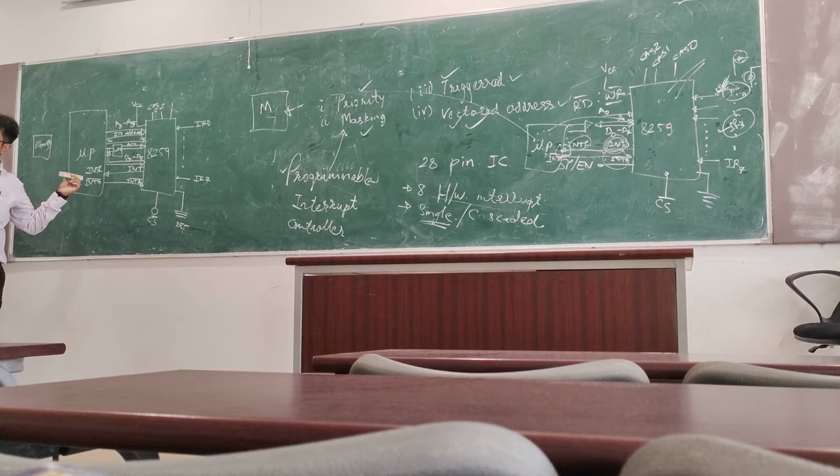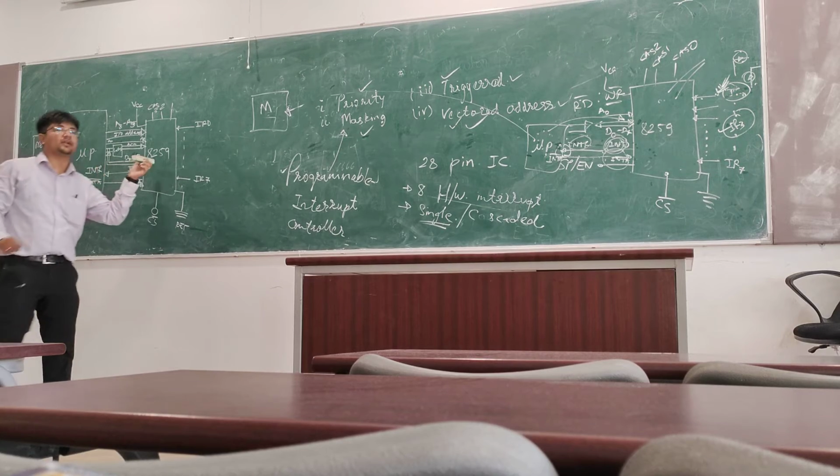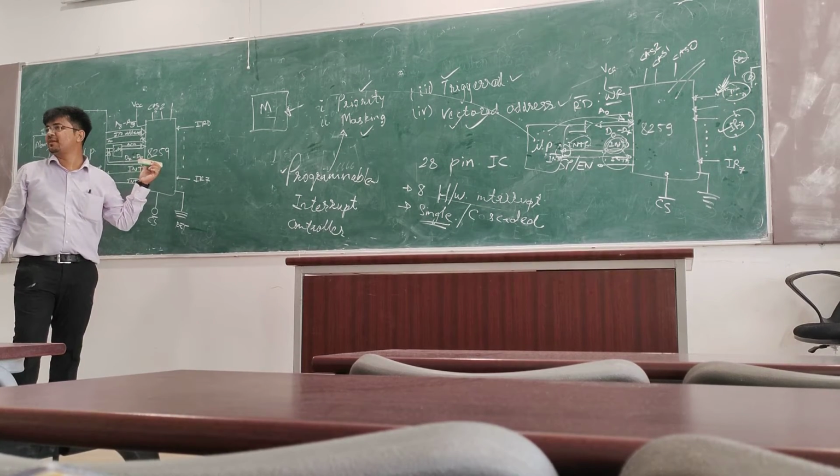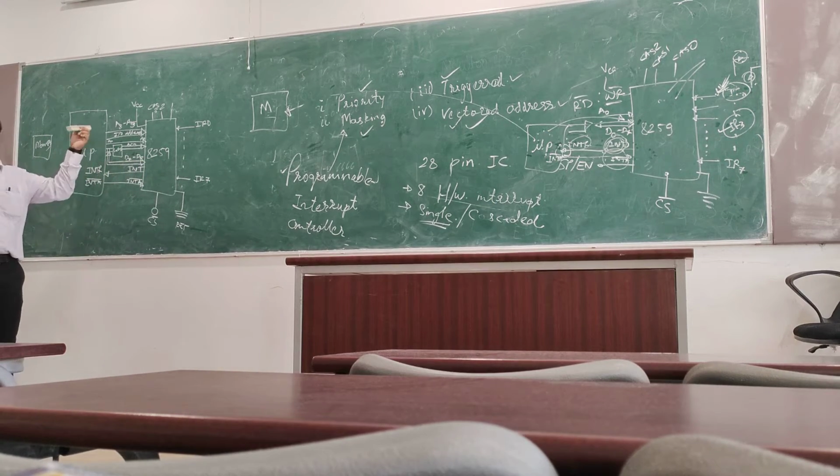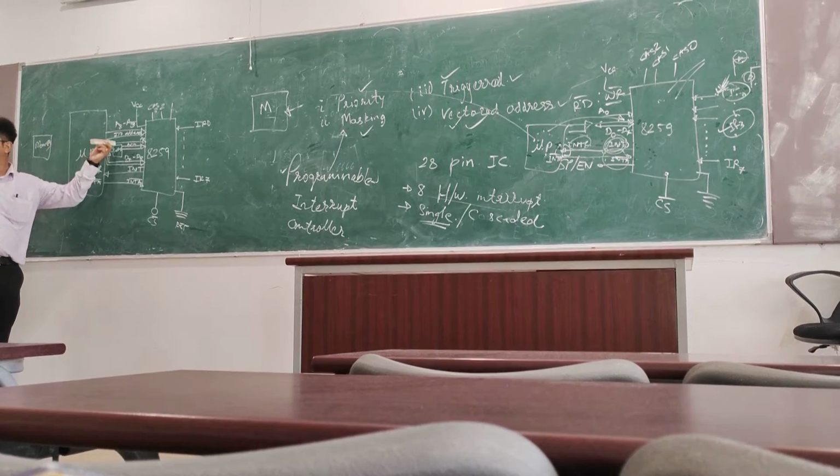The processor with its system bus, not the internal bus, with its system bus is connected to 8259. The bus is drawn outside a processor as it is a system bus. Okay, तो अगर मैं internal इसकी address bus और processor का architecture ड्रॉ करता then for internal bus. This is a system bus.